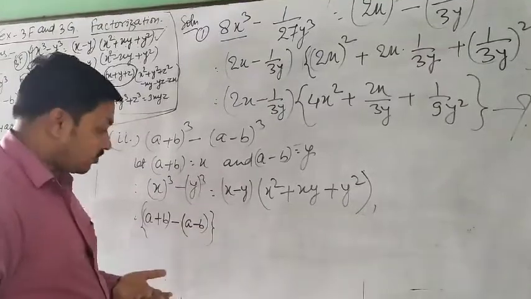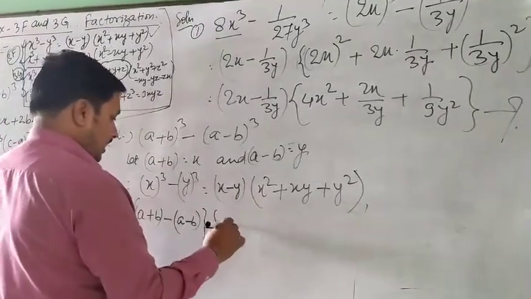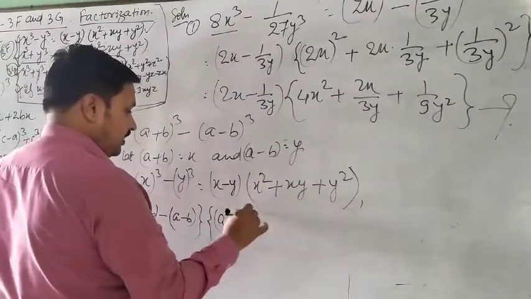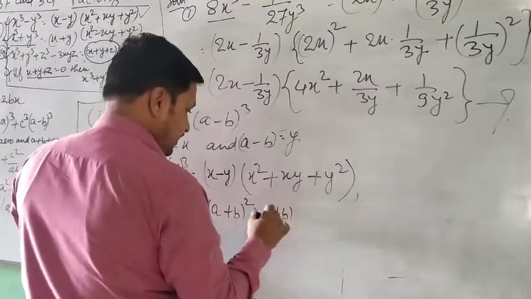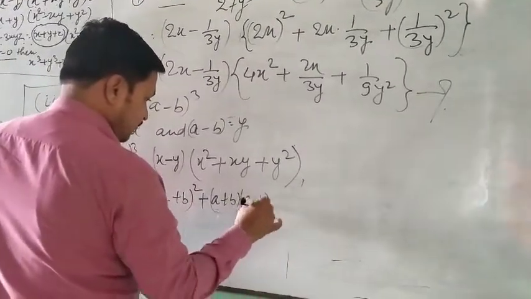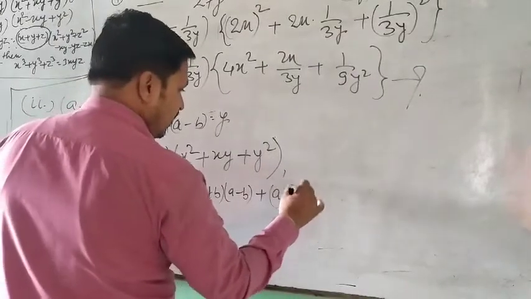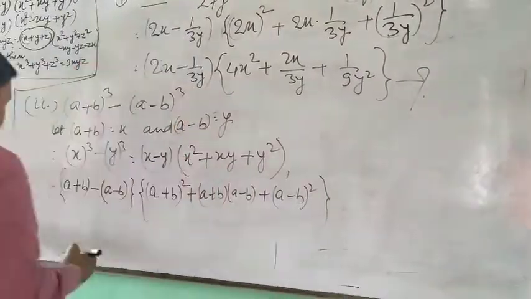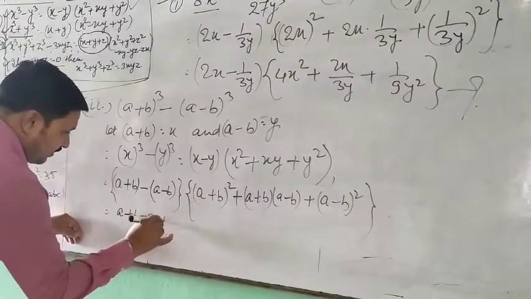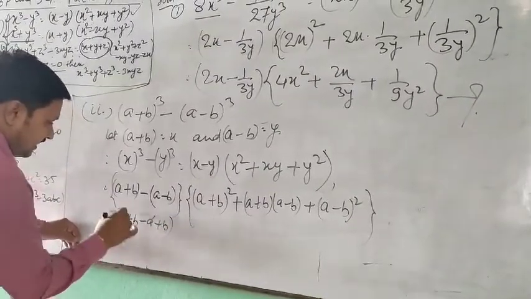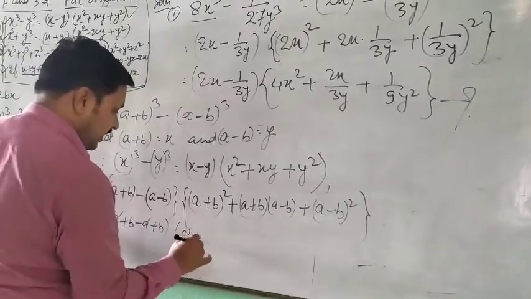So your answer is wrong. (a plus b) the whole square plus (a plus b) into (a minus b) plus (a minus b) the whole square. So here your value is a plus b minus a plus b, and this a cancels, and whole square of this formula is a square.